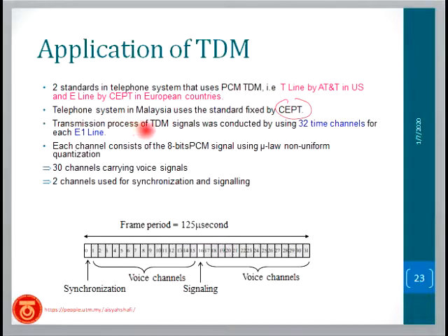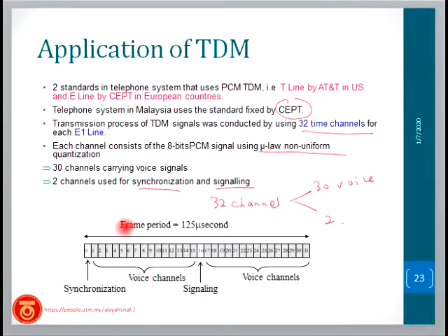The transmission process of the TDM signal is conducted using 32 time channels for the E1 line. Each channel consists of an 8-bit PCM signal using mu-law non-uniform quantization. For this one frame, there are 32 channels: 30 are voice and 2 channels are for synchronizing and signaling.